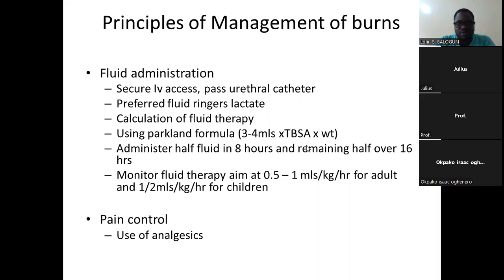Yes, sir. Okay, so having known the total burn surface area, with this formula, if they tell you that the patient sustained a burn to the right upper limb, and that the burn in the right upper limb has blisters and is tender. However, it also sustained a burn to, let's say, the thigh of the right lower limb. There was no blister and it was very painful.